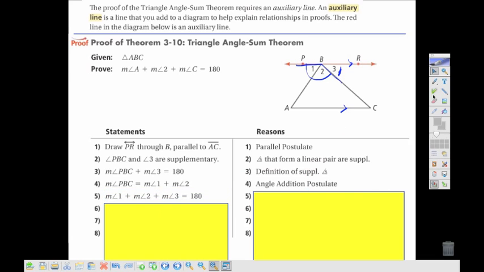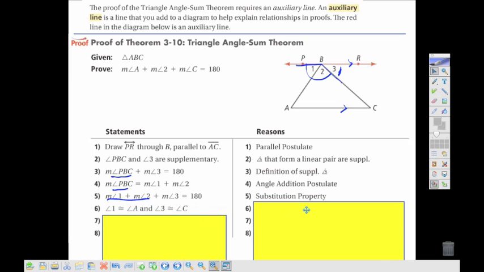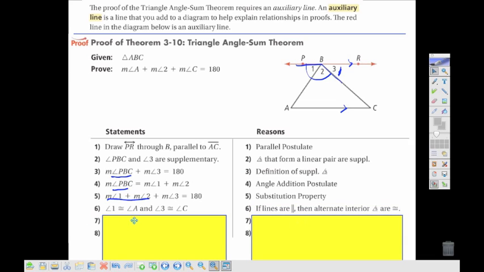Next, we'll do some substitution, taking my PBC from here and substituting in angles 1 and 2 instead of angle PBC. That's just a substitution. Then I'm going to do another substitution after I notice that angle 1 and angle A are congruent because of these being parallel. These are alternate interior angles.